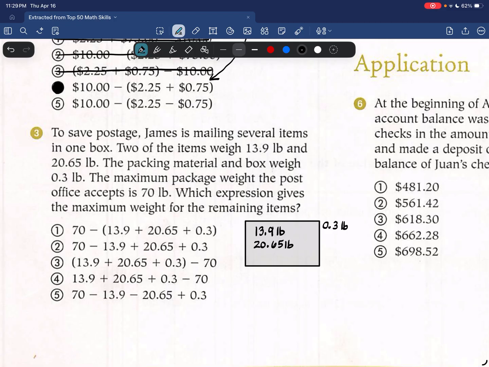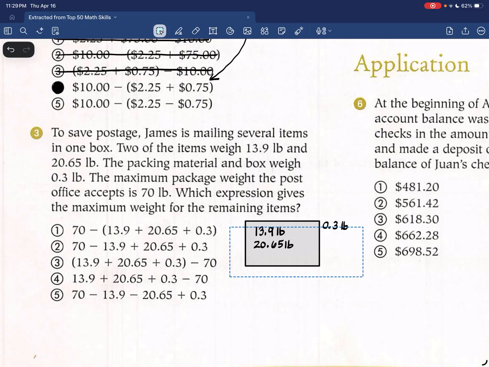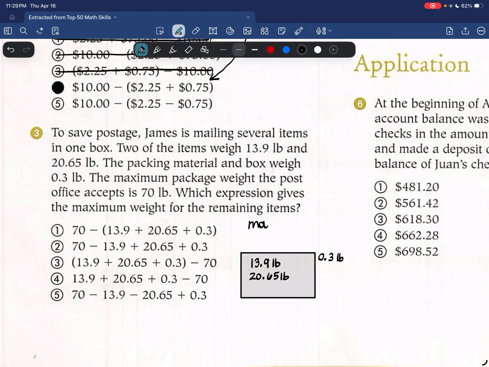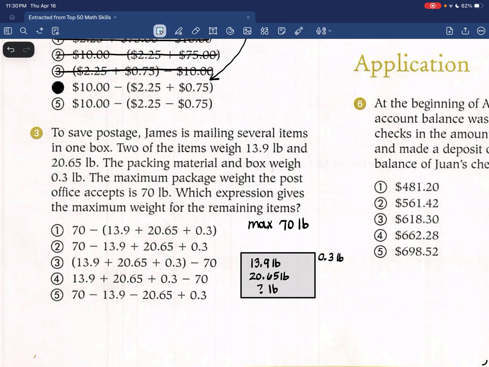And the max that the whole thing can weigh, all of that cannot go over 70 pounds. So that's essentially my starting point. I cannot exceed 70 pounds. So we are looking for how many pounds are still available to work with. How many pounds could the remaining items be before I would have a problem?